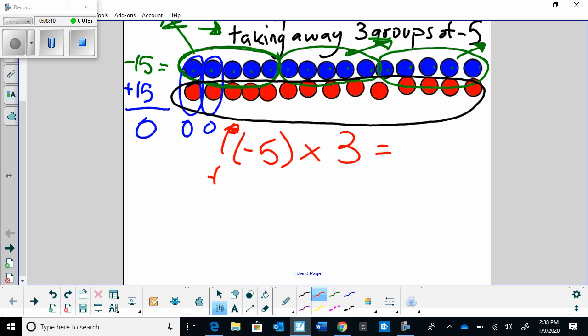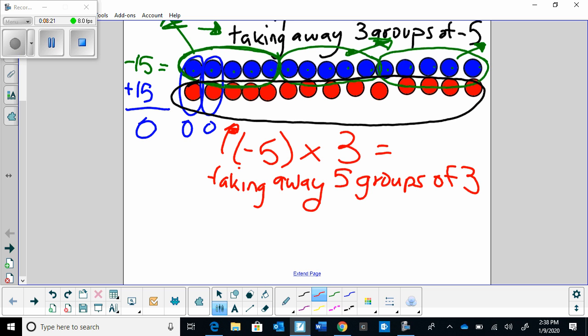I am taking away 5 groups of positive 3. First you would have to make 5 groups of positive 3. You'd have to do the same thing: you have to make 0. You can't start with positive 15. And then at the end, when we take those positives away, we'd be left with 15 negative chips.